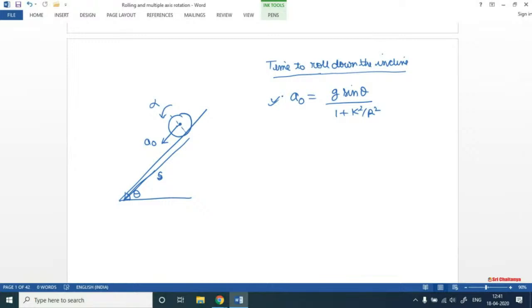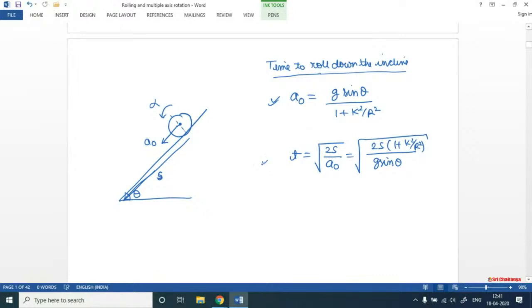So in that case, time would be nothing but root under 2s by a naught, or you can say root under 2s by a naught is basically g sine theta divided by 1 plus k square by r square, with that in the numerator. So this will be the value of the time it will take to roll down the incline by a distance s along the incline.